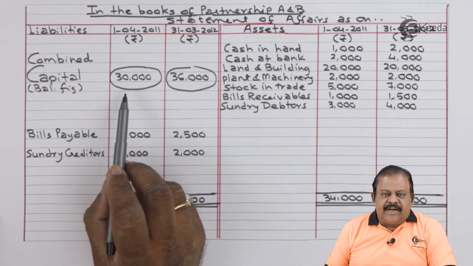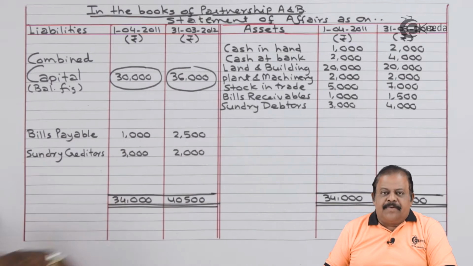Thus, we have calculated opening capital as well as closing capital of partnership firm with the help of statement of affairs. Let us proceed to prepare statement of profit and loss.